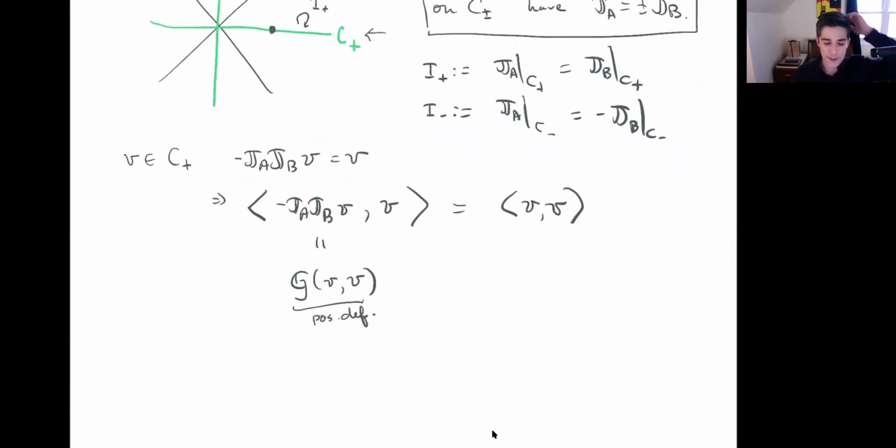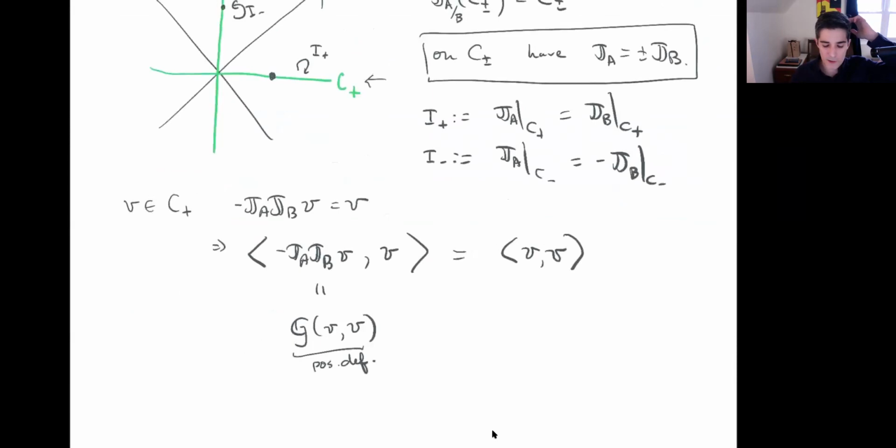So we see that anything in C plus, of course, the metric inner product will be non-zero if it's non-zero because it's a positive definite Riemannian type metric on the big bundle.